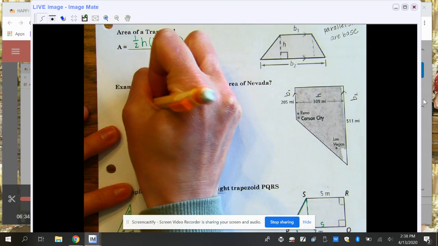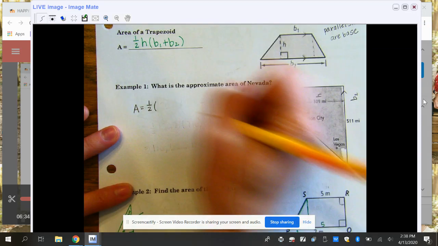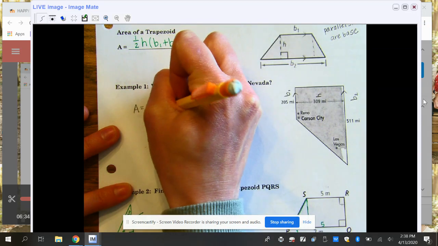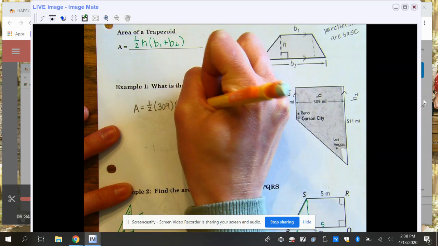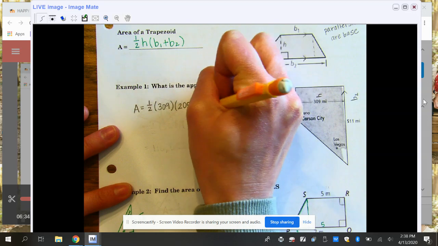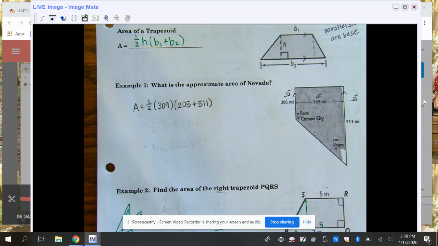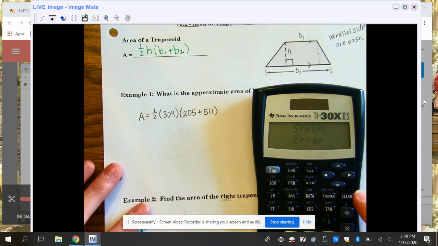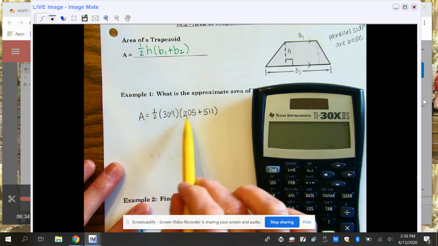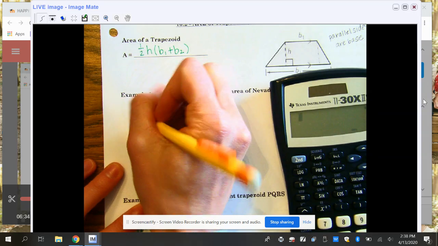All right, so 1/2 times the height, which is 309, times the sum of the bases, which would be 205 plus 511. So just to avoid making silly calculator mistakes, I would just start by adding those two together.